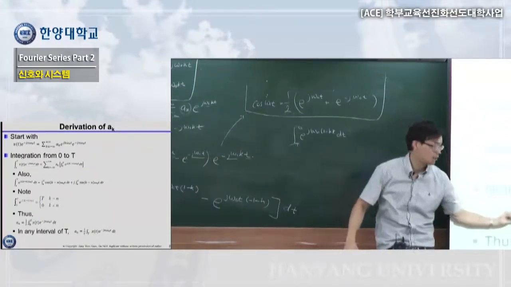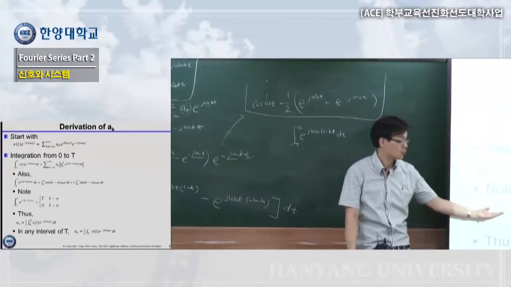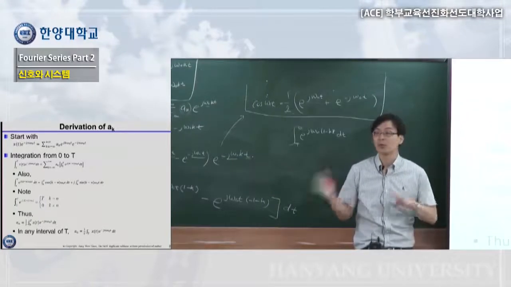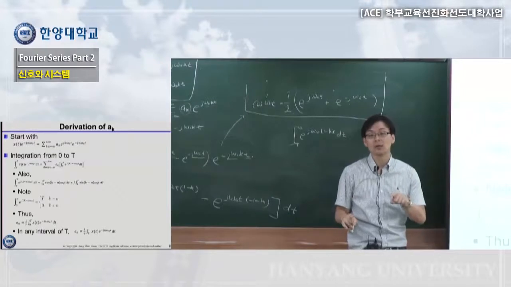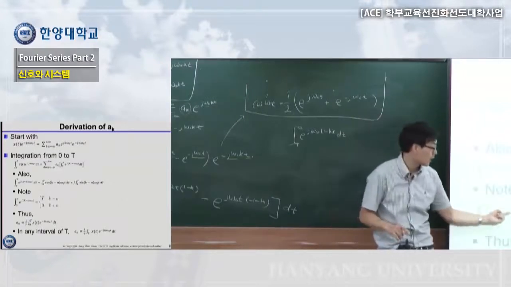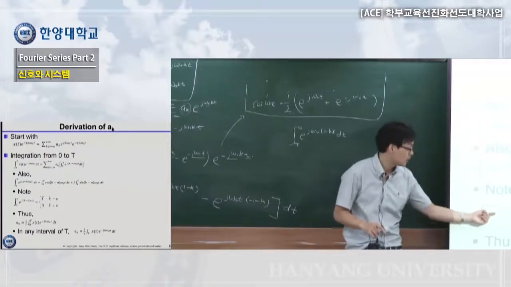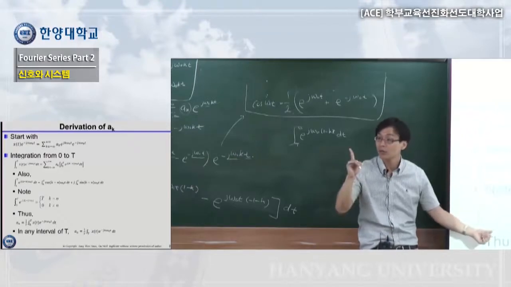So if this is not 0, and this is an integer, 1, 2, 3, 4, whatever, the integration over a period will be 0 because they go back to the original value. The only exception is when they are equal, when this one is 0. Because when this one is 0, there will be exponential 0, which is 1.